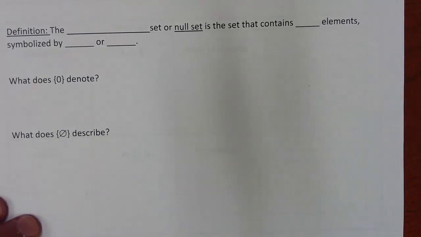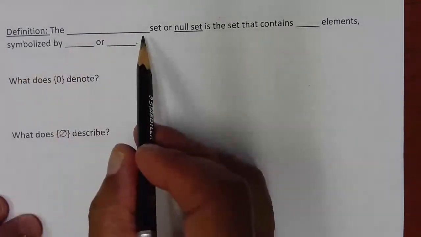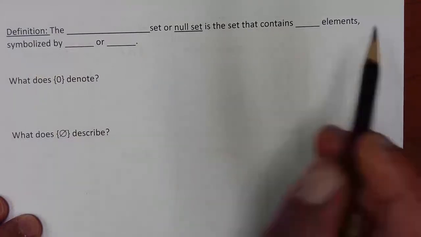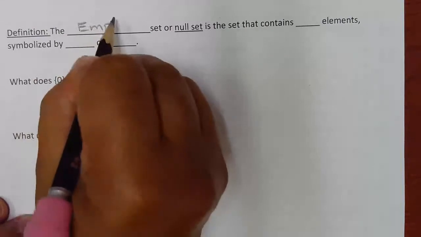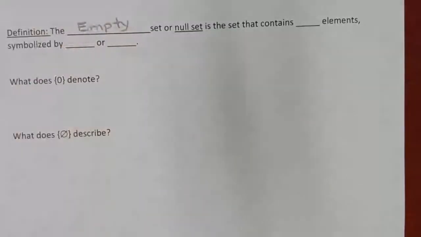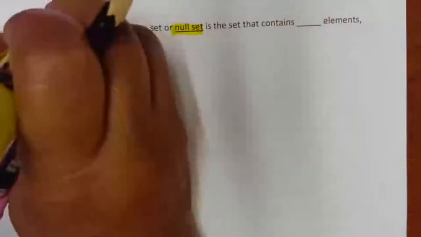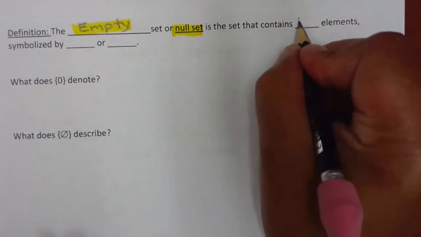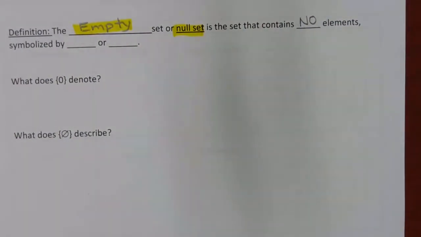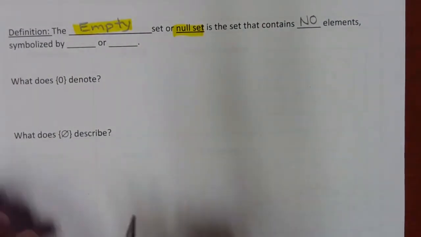Okay, the blank set or null set is the empty set. Another name for the empty set is the null set. These 2 things mean the same thing. It's a set that contains no elements at all. How do we symbolize it?